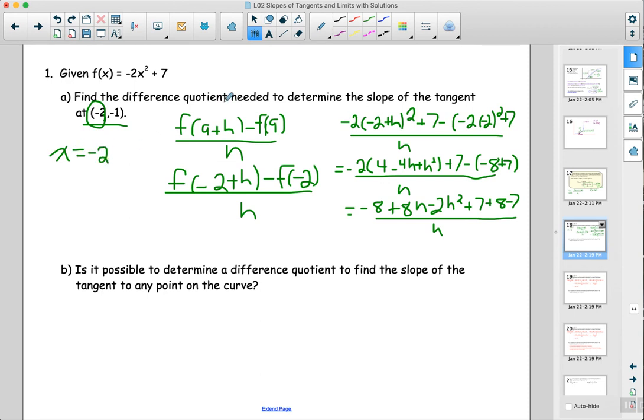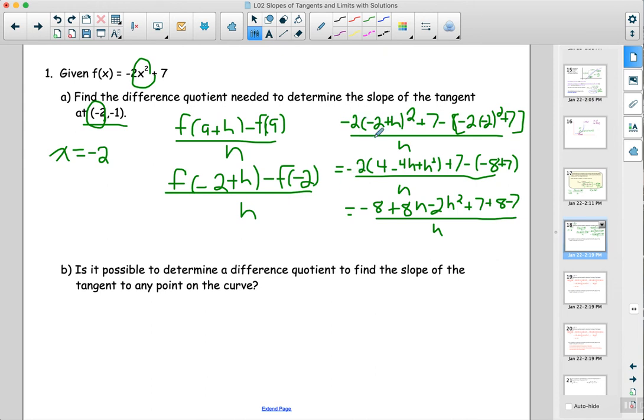So -2, plugging into here, -2 plus h all squared plus 7 minus, we're going to put that in square brackets, because this would be minus f at -2. So plug in -2 in there, -2 times -2 all squared plus 7.